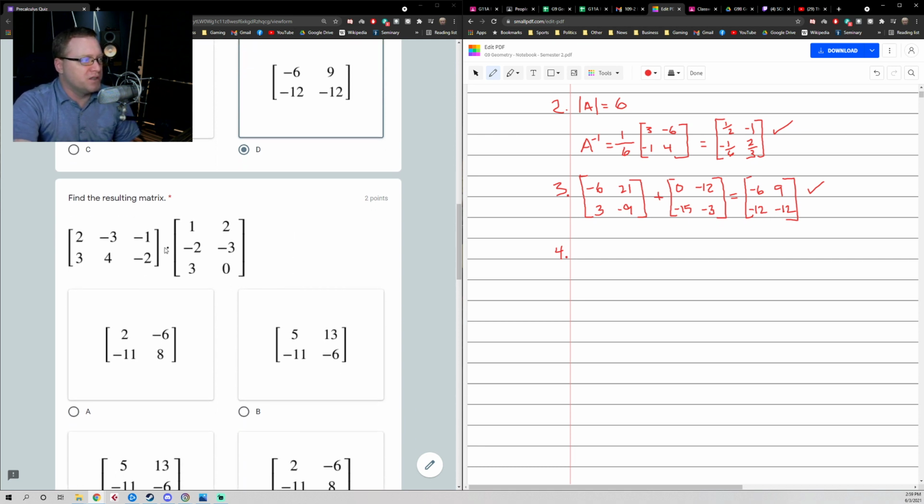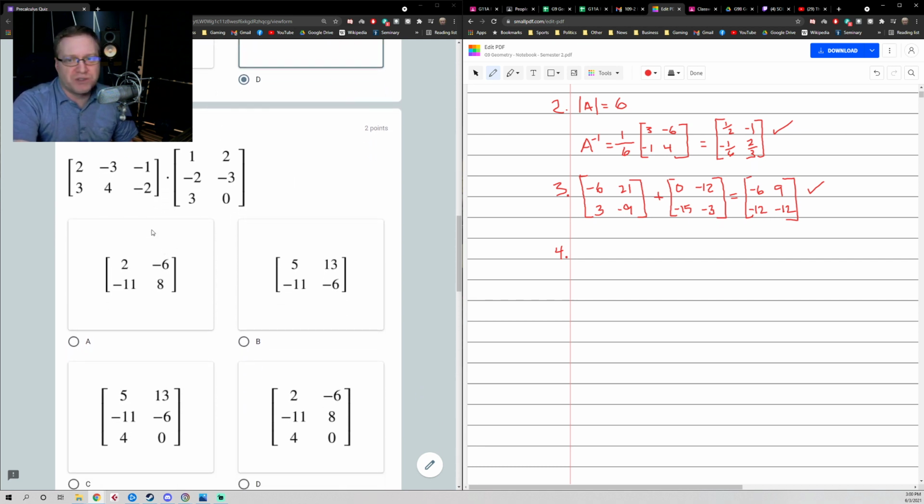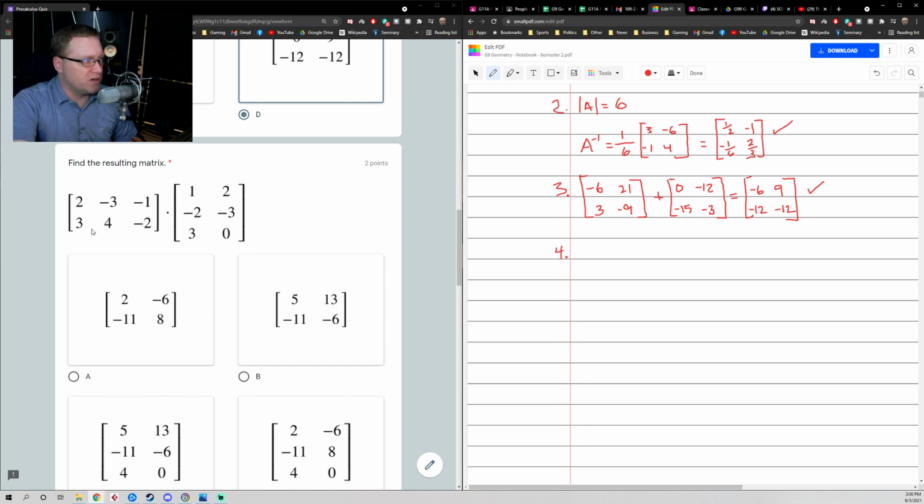In this problem, all we need to do is multiply these two matrices. We have this one times this one. And remember, you can only multiply two matrices if the columns, we have 1, 2, 3 columns, is the same number as the rows in the second one. So the first matrix, you need to count the columns, 1, 2, 3.